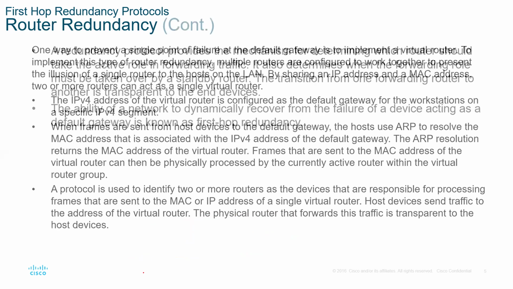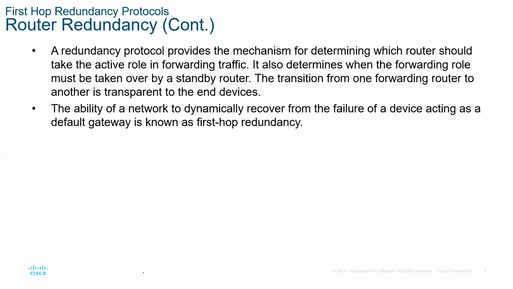I think we've gone through this. A redundancy protocol provides the mechanism for determining which router should take the active role. Right, so where do the protocols come in? Protocols are exchange of messages. In a given network, you have two routers.